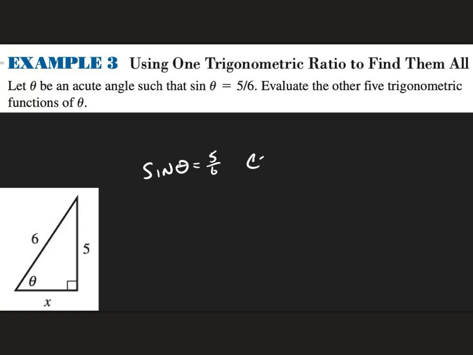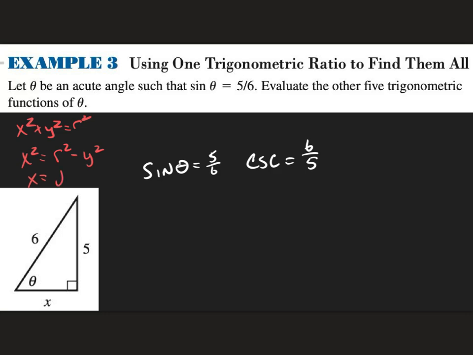That means the cosecant, because the sine and the cosecant are inverse or reciprocal functions. Now we got to find the other ones. So the first thing we got to do is find x. We know from x squared plus y squared equals r squared, where x is the x-axis, y is the y-axis, and r is the radius, x squared equals r squared minus y squared.